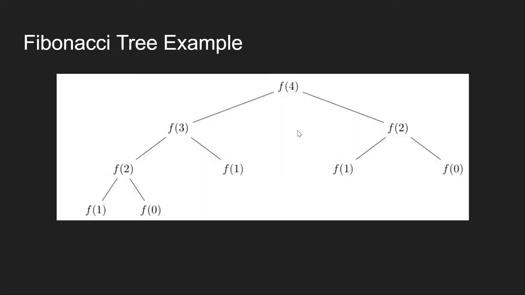So let's take a look at this. All right, this is a great example of a Fibonacci tree. We'll start off. I want to know the fourth Fibonacci number, so what do I need to do to know it? I need to know the third and the second number. How do I know the second number? I need to know the first and the zeroth number, which we do now.